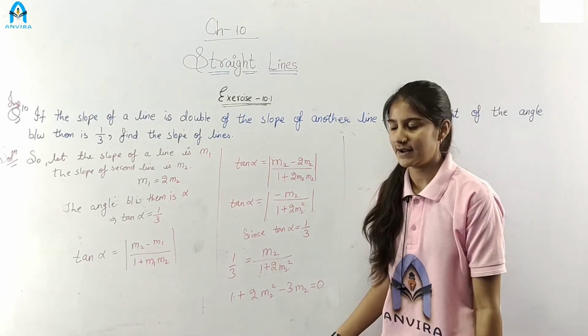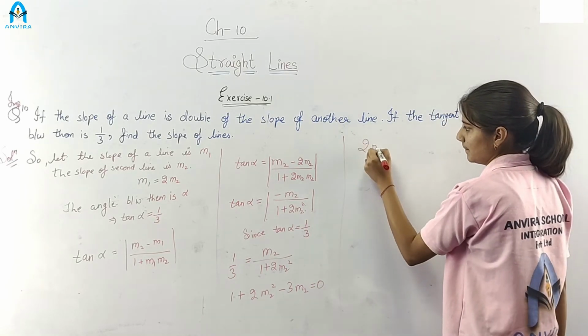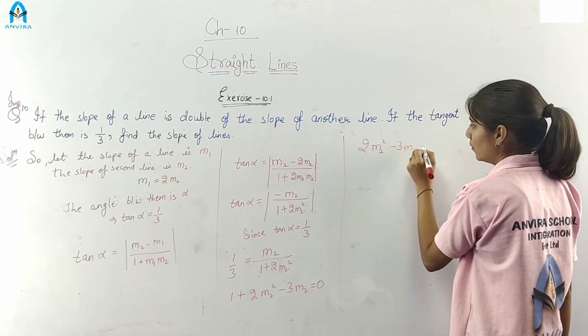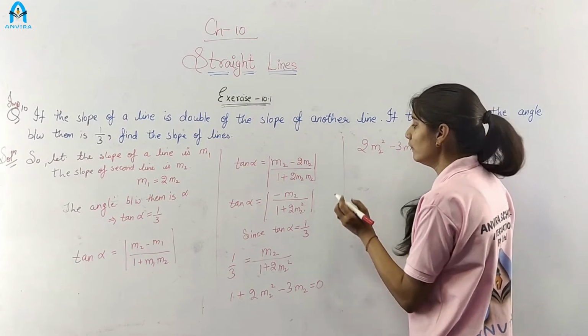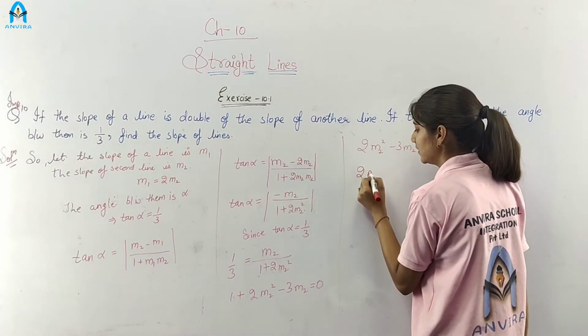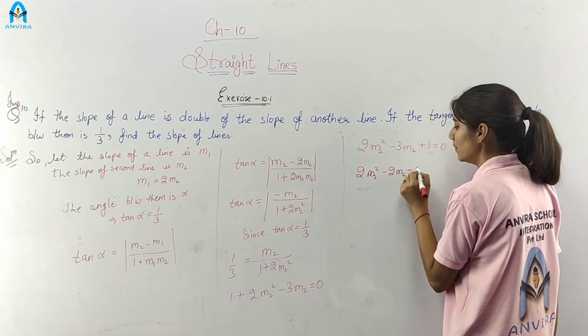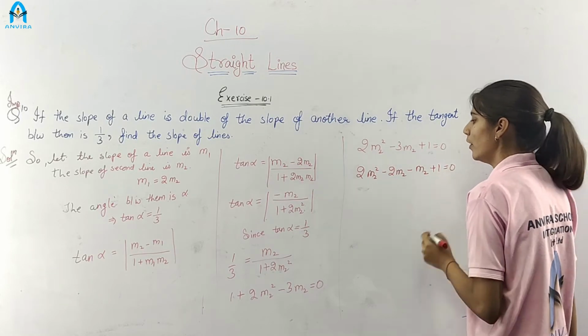Now find the factors of this equation. We will get 2m2 square minus 3m2 plus 1 is equal to 0. So on factorizing, I can write this equation as 2m2 square minus 2m2 minus m2 plus 1 is equal to 0.